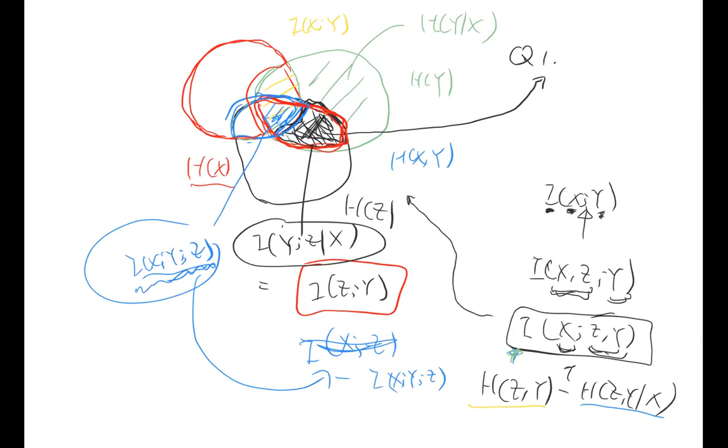But it's not true for this thing here. So this can be both negative or positive. So in general, that's one thing. If you want to define something like that, or if you write, for example, a kind of Venn diagram.